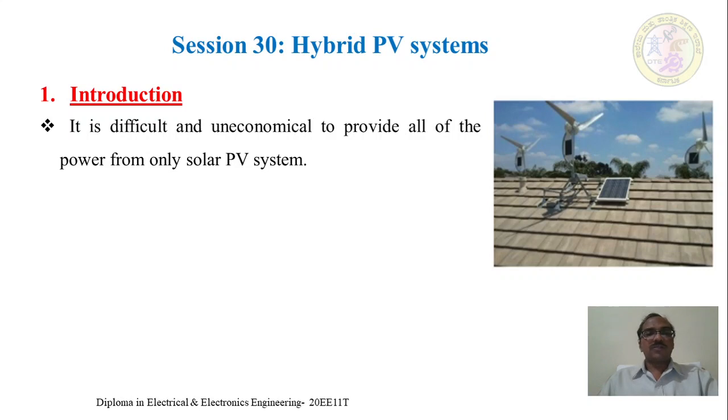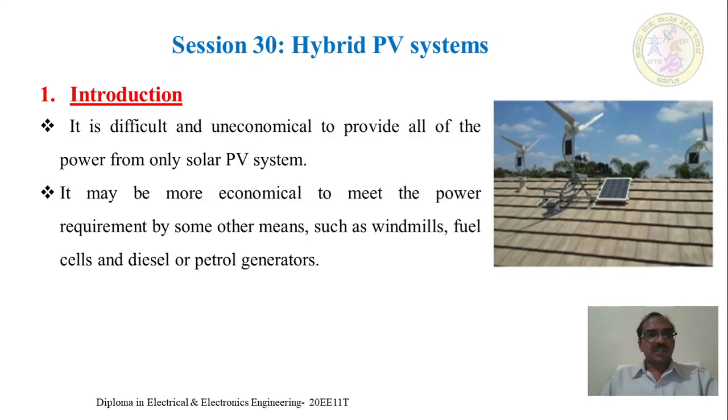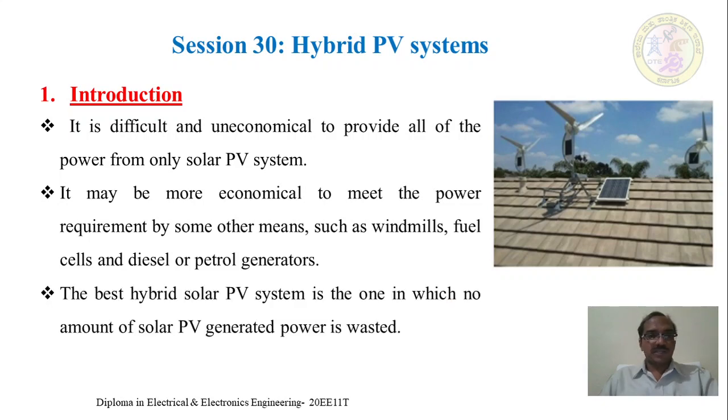When we talk about an unreliable source, it should be backed up with another source so that its efficiency can be enhanced. That is the major thing, and it may be more economical to meet the power requirements by some other means, such as combining with windmills, fuel cells, or diesel or petrol generators.